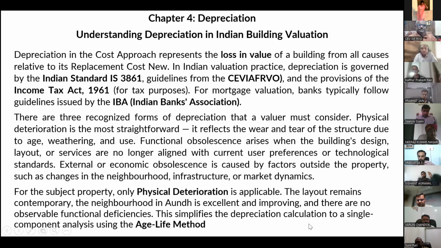Okay. Now for depreciation, you know how the depreciation is to be calculated. First of all, we will calculate it with the simple method, that is straight line method.